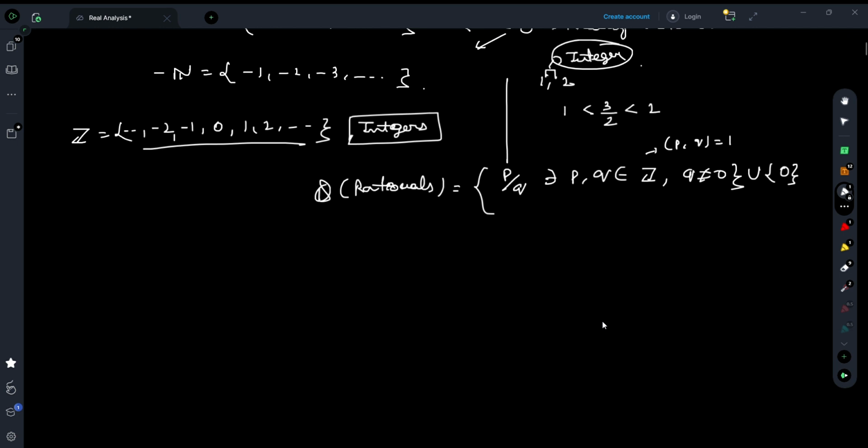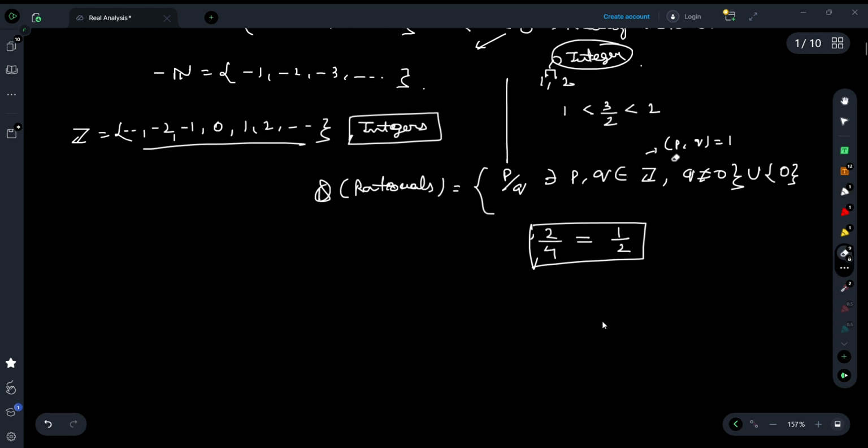What we are trying to say is that suppose you have the number 2 over 4. This number 2 over 4 can be taken as 1 over 2, because we can cancel 2 from both the numerator and the denominator. So we form this number and we maintain uniqueness in it, in the sense that we take into consideration only one particular representation of each number.